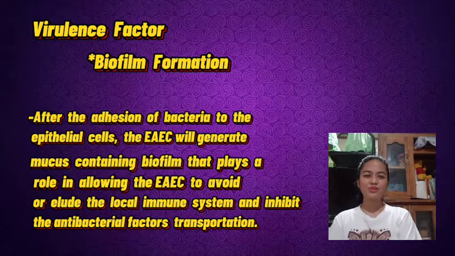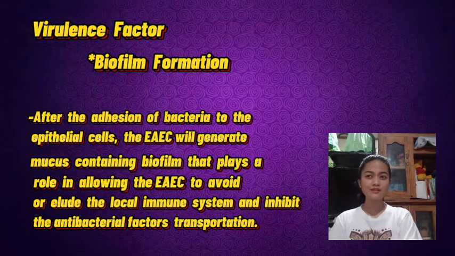Biofilm formation: right after the adhesion of bacteria to the epithelial cells, the EAEC will generate a mucus-containing biofilm that plays a role in allowing the EAEC to elude the local immune system and inhibit antibacterial factor transportation.